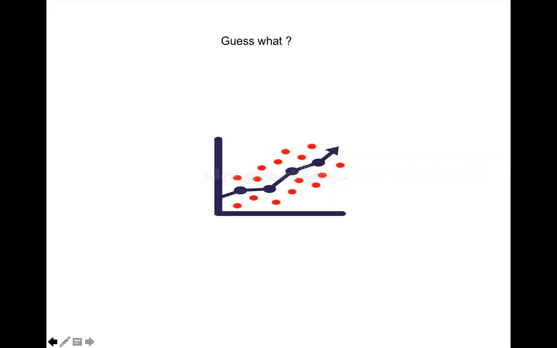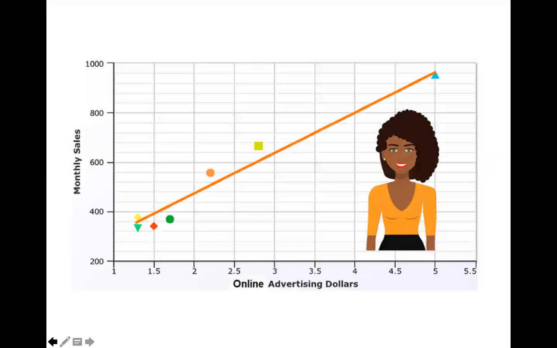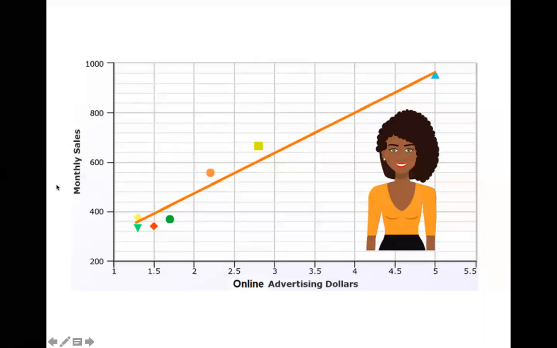Now, please tell me which feature is dependent and which feature is independent? The online advertising, because the monthly sales depends on the online advertising dollars. Yes or no?